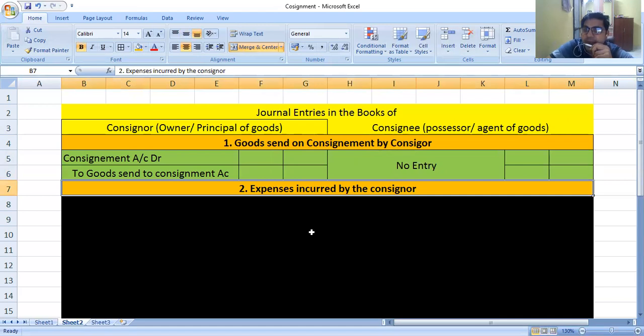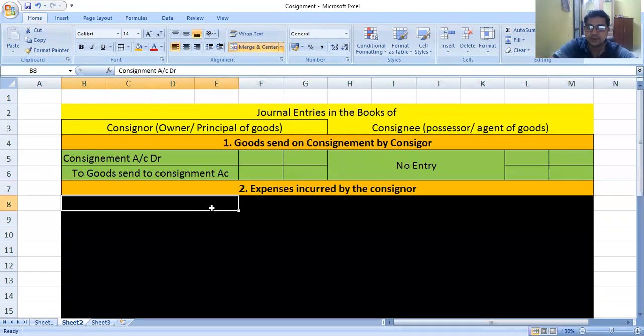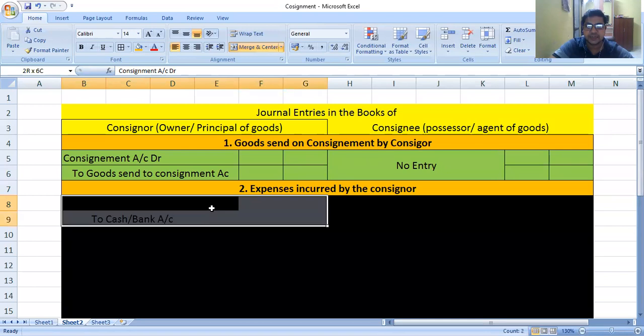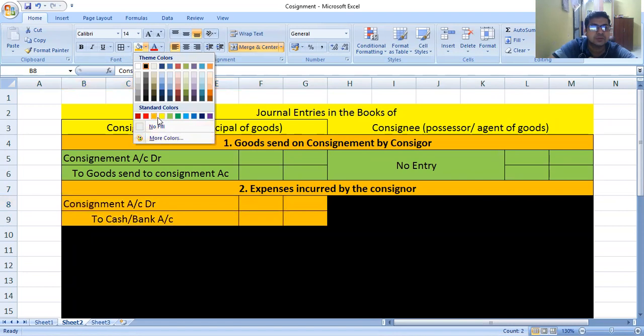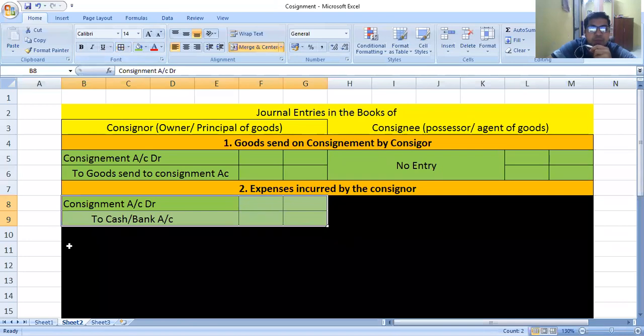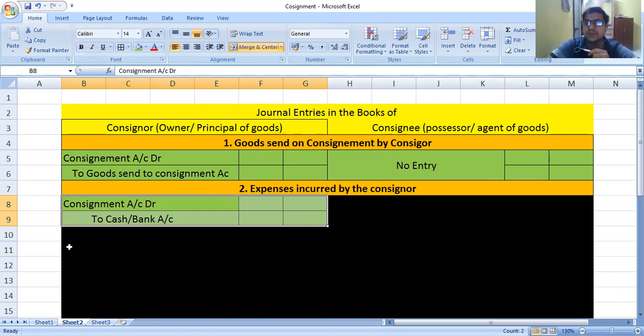Expenses incurred by consigner. Consigner is the owner. He has incurred expenses for the purpose of sending the goods to the consignee. So whatever expenses incurred, we have to pass a general entry. The entry will be consignment account debit to cash or bank account.